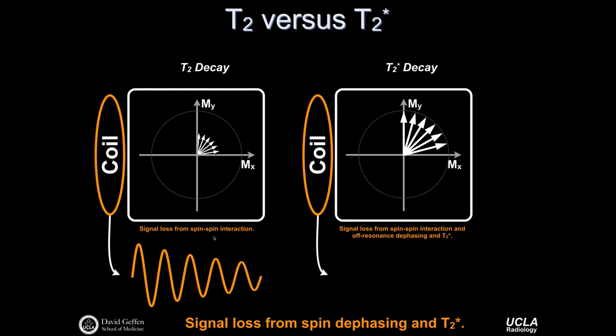In the presence of spin dephasing due to intravoxel field inhomogeneity, there's going to be signal loss from spin-spin interaction. This is the irreversible part, and off-resonance dephasing, which leads to T2 star. And that off-resonance dephasing is in fact reversible through a process that we'll describe in the spin echo component of this lecture.